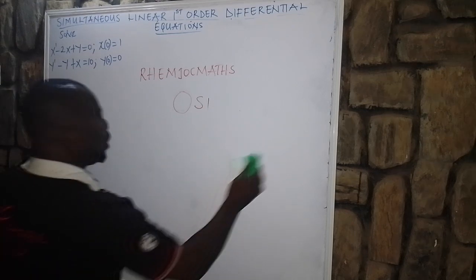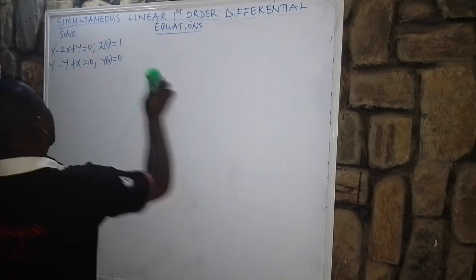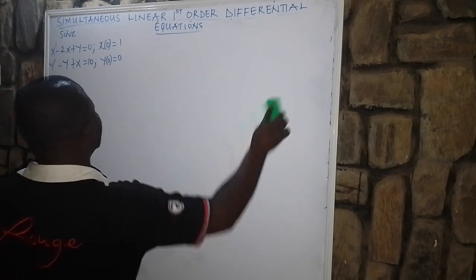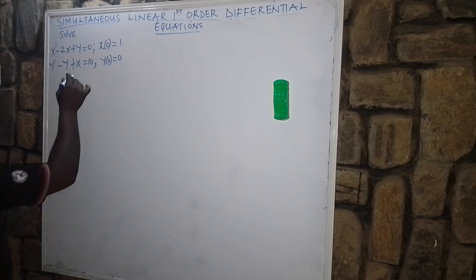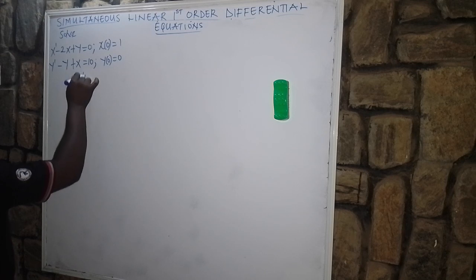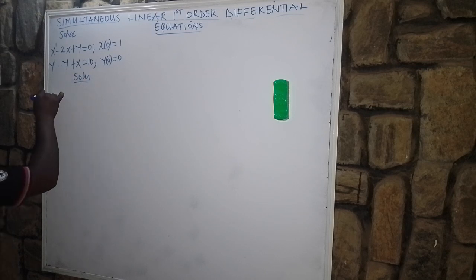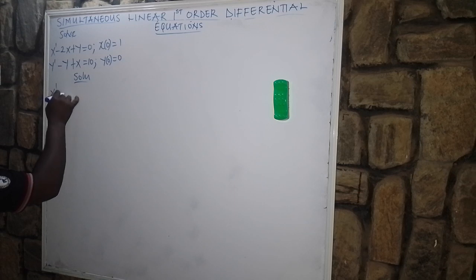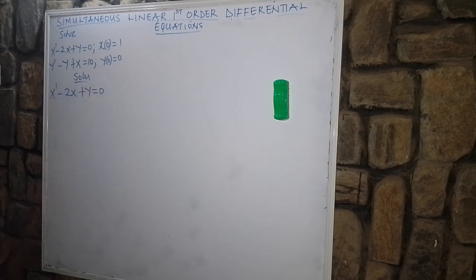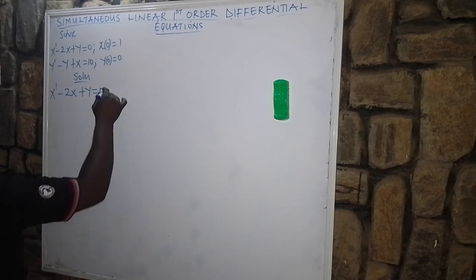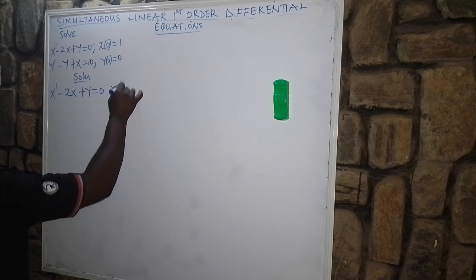So let's look at this one with an initial condition. I think the first one we solved had no initial condition. So let's write the solution. Our x prime minus 2x plus y equals 0, with initial condition x of 0 equals 1.